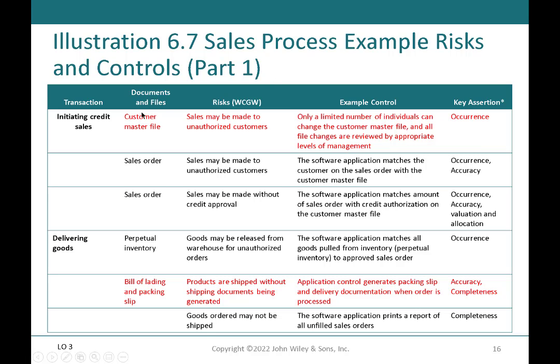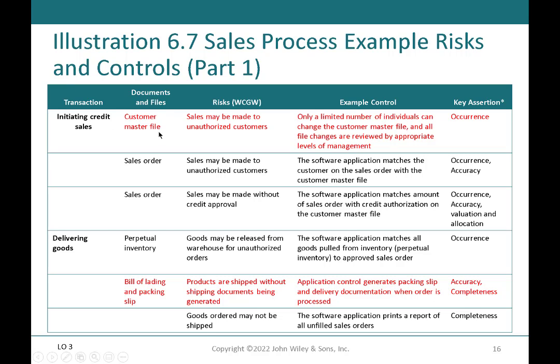Notice in the sales process a couple areas of particular transactions we could focus on. First off, initiating credit sales. When we're making a credit sale, we want to make sure it's to a customer that's been approved and they're within their credit limit. So there could be a number of different issues with this process. So we want to make sure that good controls are in place, to ensure that the proper procedures are being followed.